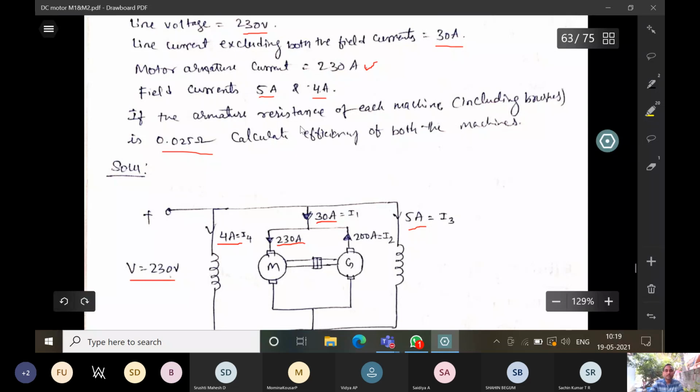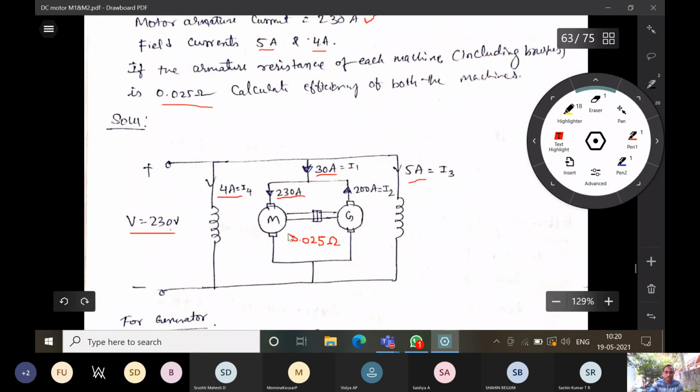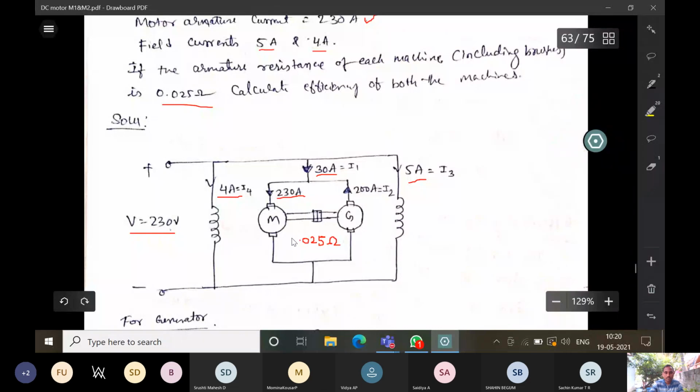Armature resistance is given, both the armature resistances are 0.025 ohm, that is RA, for motor and also for generator.